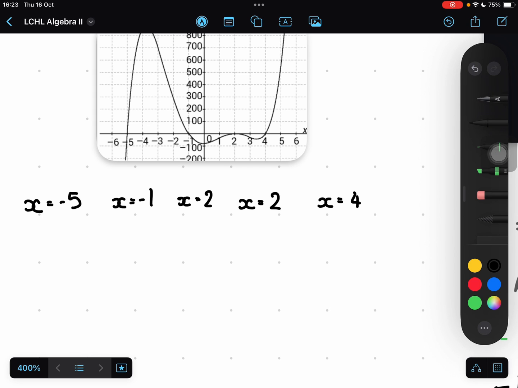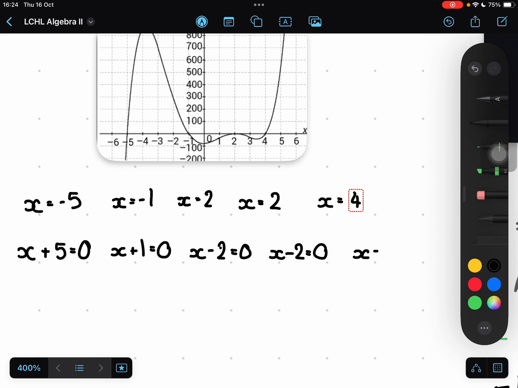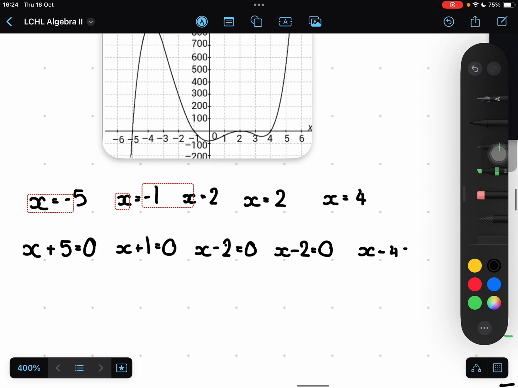Now that I have my roots, I can use the factor theorem to find my factors. So I'm rearranging all of my roots to see what they would be if they were equal to 0. So x minus 2 equals 0, x minus 2 equals 0, and then x minus 4 is equal to 0.